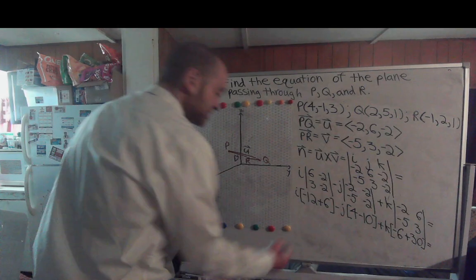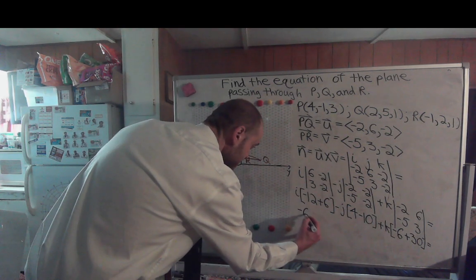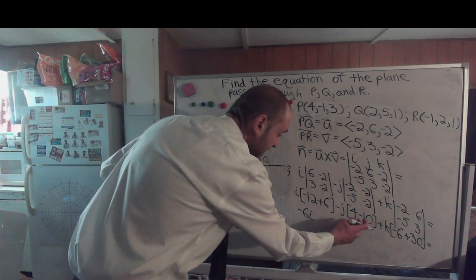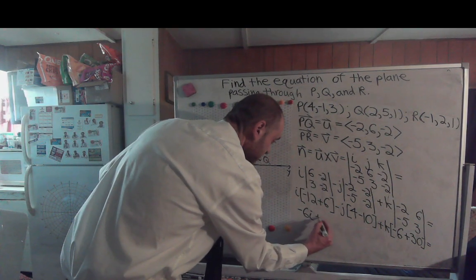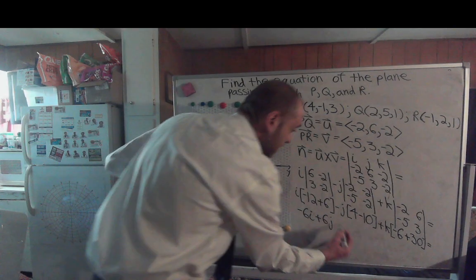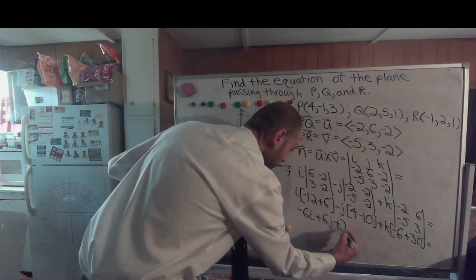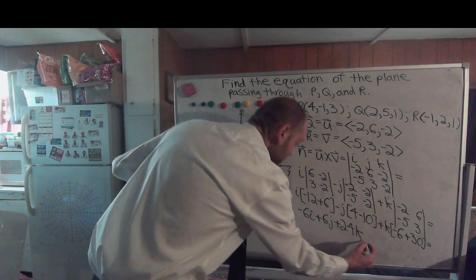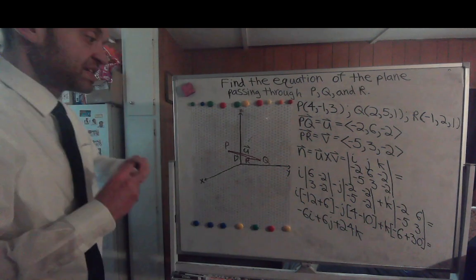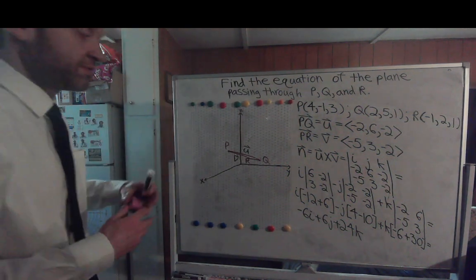To simplify, you would end up getting negative 6i minus 6 times negative j, that's plus 6j, and then negative 6 plus 30, that's 24, so plus 24k. So there's your normal vector, negative 6i plus 6j plus 24k.